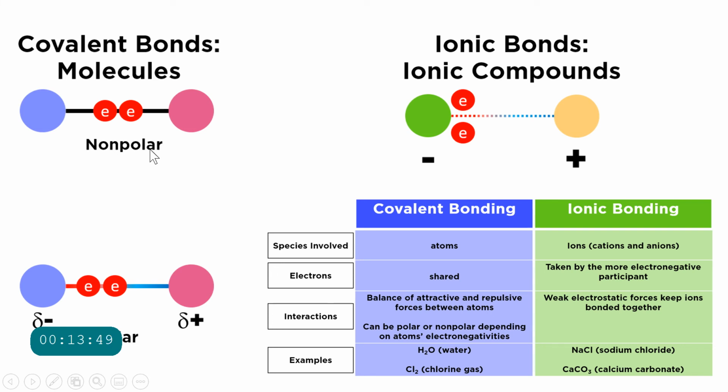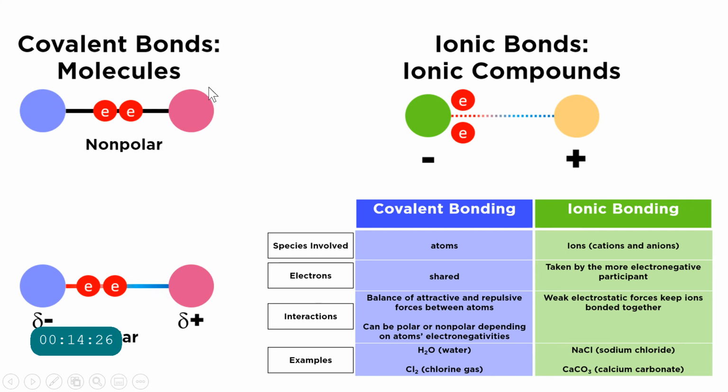Now, what makes them nonpolar and polar are their partial charges. So here you'll see your delta negative and your delta positive. Now, it's the balance of the attractive and repulsive forces between these atoms. So if one of them is negatively charged by electronegativity, like fluorine and hydrogen, the electrons will be pulled toward the higher negativity, so more negative.